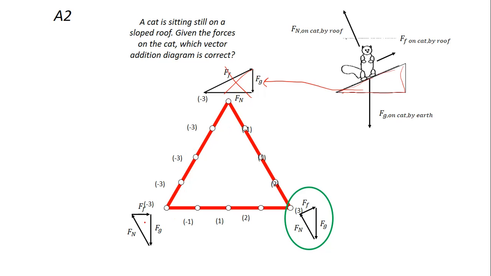A second common mistake happens when we draw, and I often draw my downwards, I'm going to put this on an angle so I can draw things straight. My gravity first, and then I do my normal next. Now the normal up here is not the same size as gravity. It's a bit smaller.